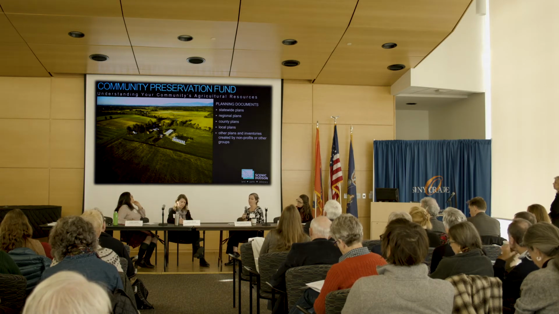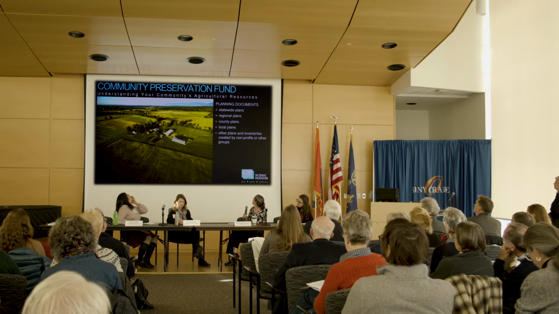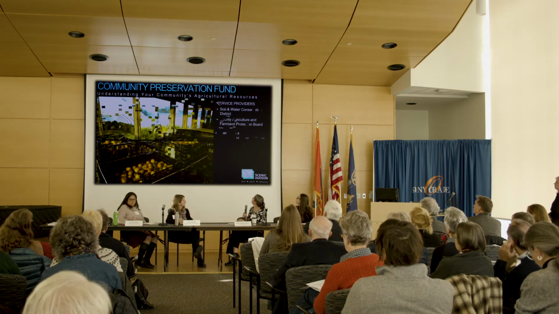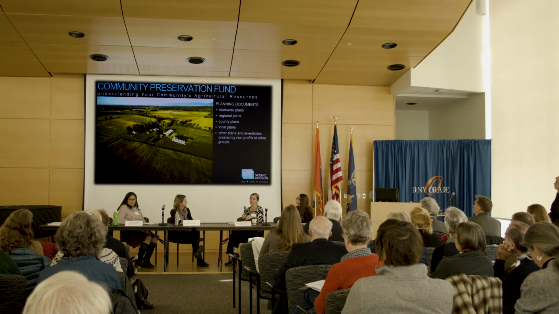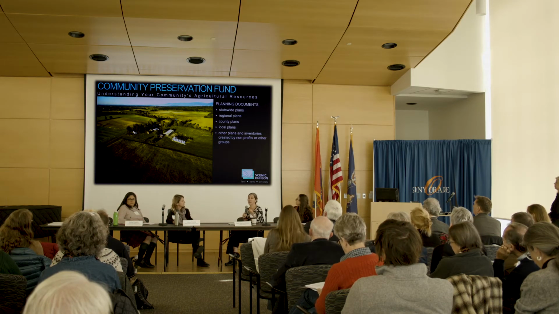Your county ag and farmland protection plans, your local farmland protection plans, and I'll have to give a shout out to other plans and inventories created by nonprofits or other groups, including Scenic Hudson's Food Shed Conservation Plan, which inventories and prioritizes farms throughout the Hudson Valley based on size and soils.